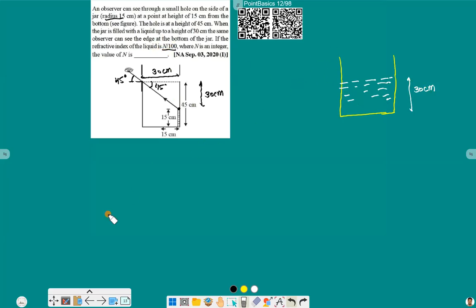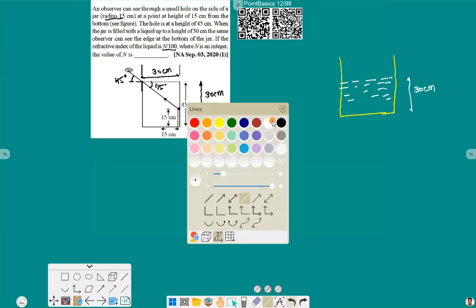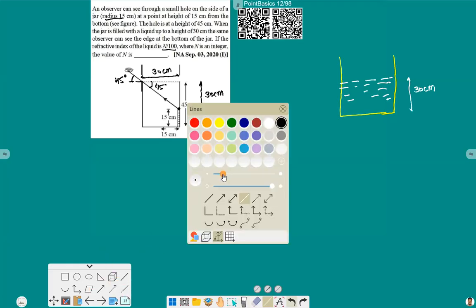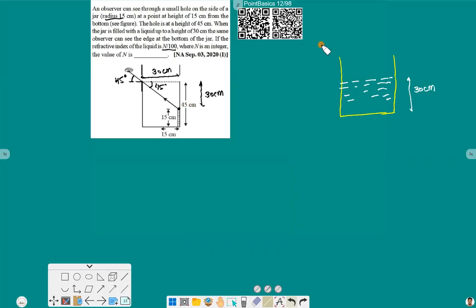So our incident light will be like this. Let me adjust the thickness first. So this will be the incident light, and after refraction it will be going like this.